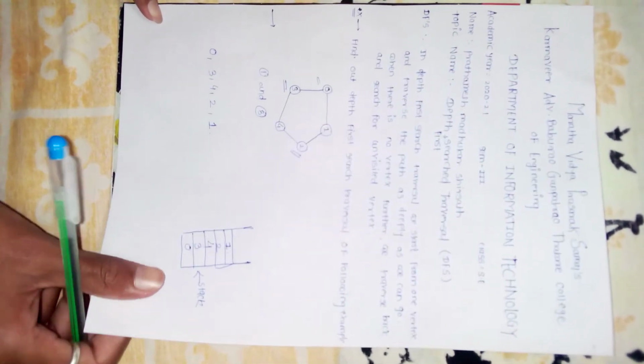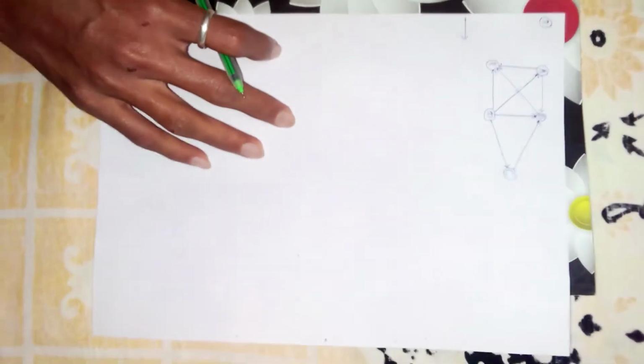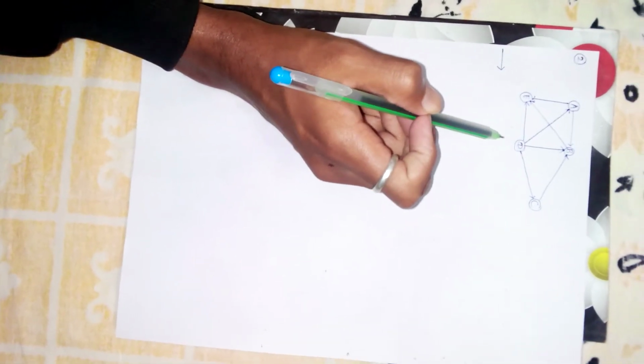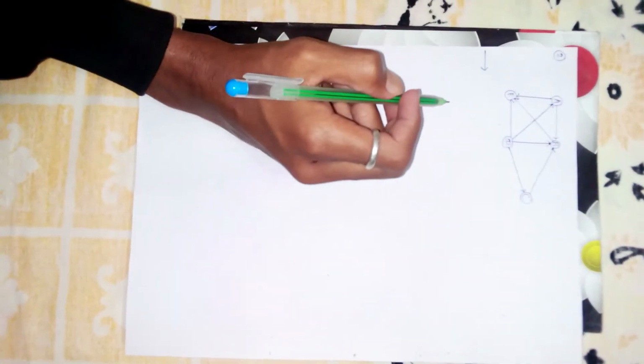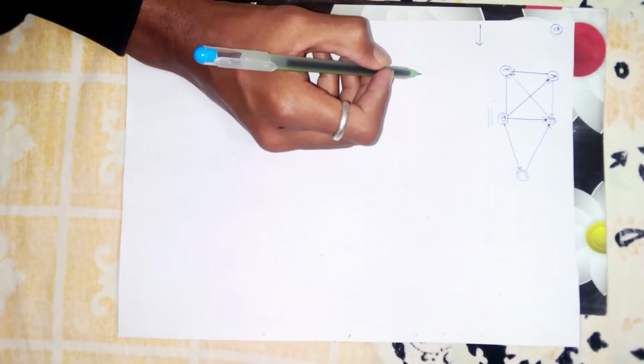Let us discuss another example for better understanding. In this graph there are 5 vertices: A, B, E, D and C. In this example also the root node is not clearly mentioned, so we take D as the root node.